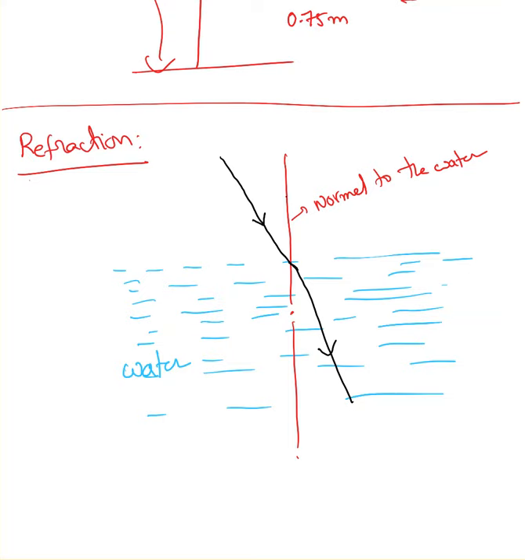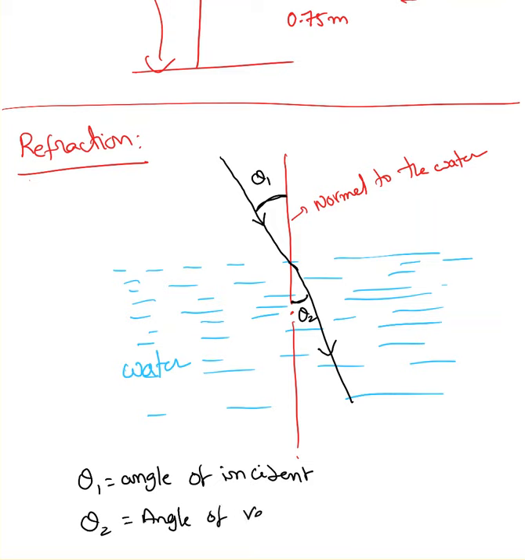Now here I'm going to take theta 1 or theta I as angle of incident. Now theta 2, I'm going to take that as angle of refraction.